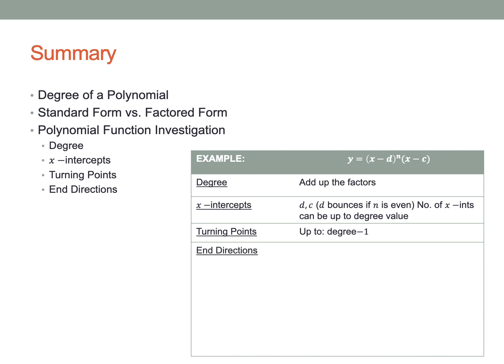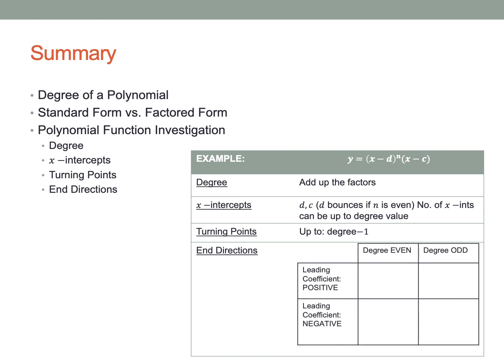Okay, and then the end directions are based on two things. It's based on if the degree of the polynomial is even or odd, and then if the leading coefficient of the polynomial, like in standard form, is positive or negative. So, for instance, if the degree is even and the leading coefficient is positive, then they both go up.